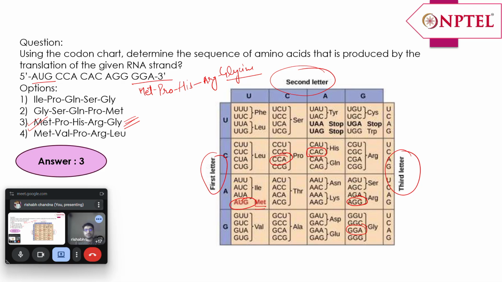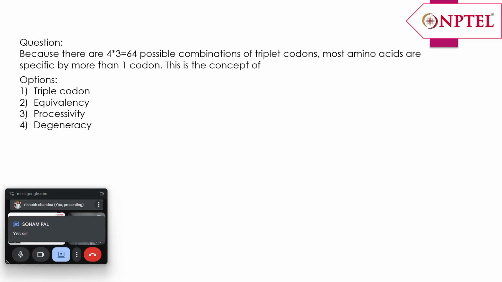Okay, so let's move on to the next question. Because there are 4 to the power 3, that is 64 possible combinations of triplet codons, most amino acids are specified by more than one codon. This is the concept of what? What will be the correct answer? Any more answers?